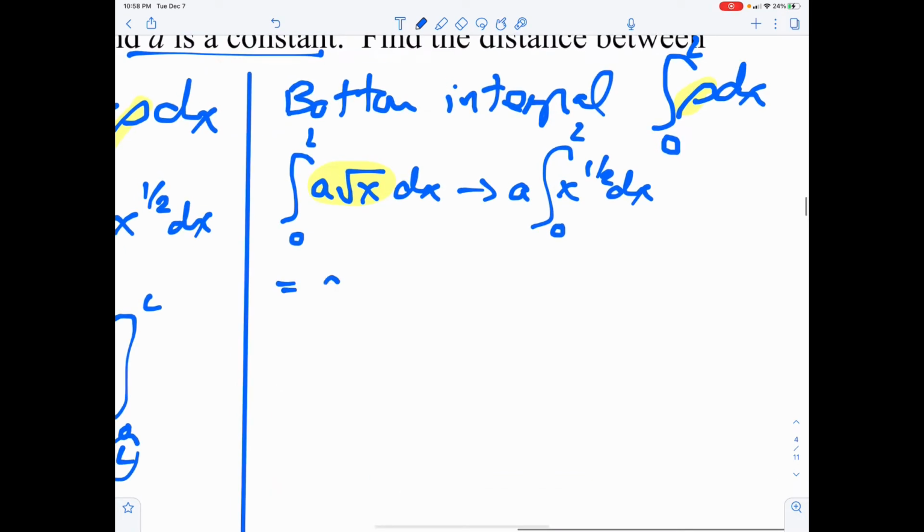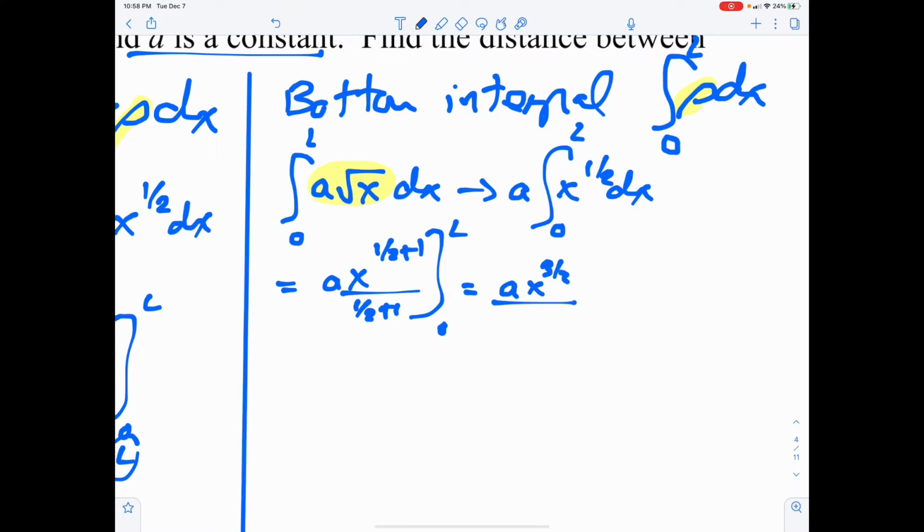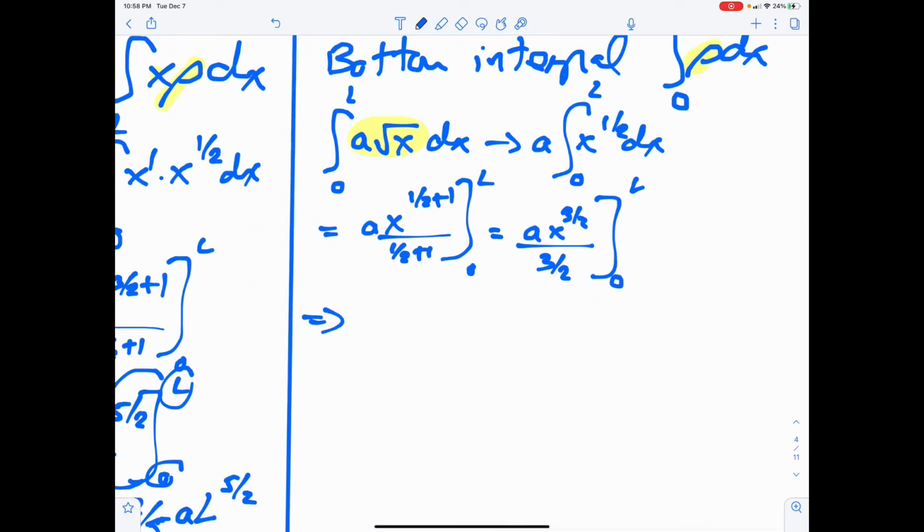And this becomes a times x to the 1/2 plus 1 over 1/2 plus 1 from 0 to L, which is going to be a x to the 3/2 over 3/2 from 0 to L. Well, dividing by 3/2 is the same as multiplying by 2/3. We have 2/3 a, and then we plug in x to the 3/2 right here.